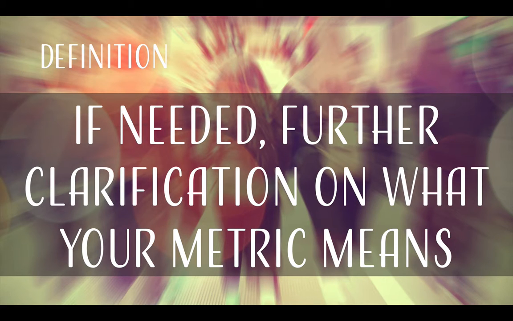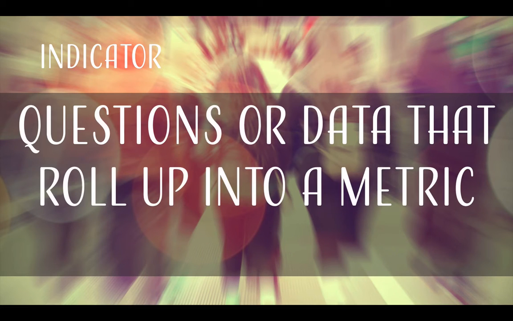Let's say we had given them a survey. So in our survey of whatever name it is, there were 6 questions that related to confidence. And those questions were answered with a high or very high level of confidence for these people. That's what definition means. So this is what confidence means, these different things that were represented in these questions, which are indicators. So the indicators are questions or data that roll up into the metric.